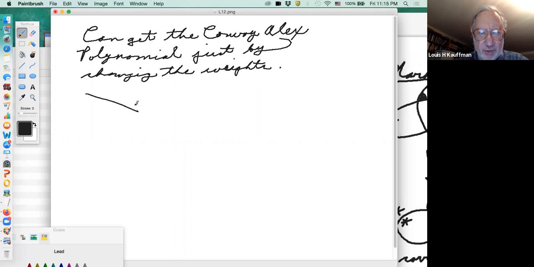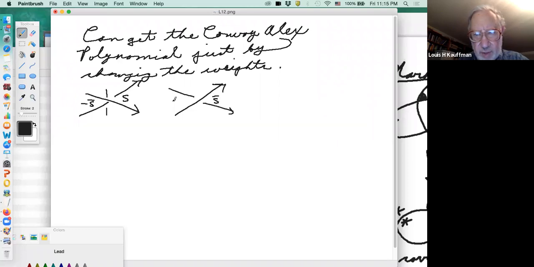And they're easier to remember and more symmetrical. For a positive crossing, we're going to use S minus S inverse, 1 and 1. And for a negative crossing, we're going to use S inverse minus S, 1 and 1.